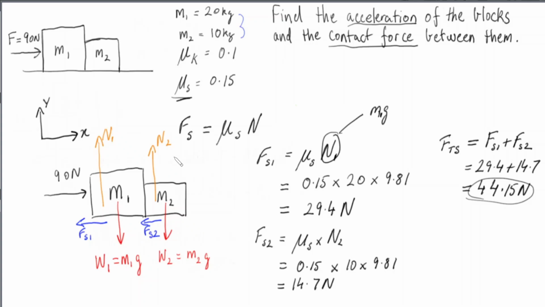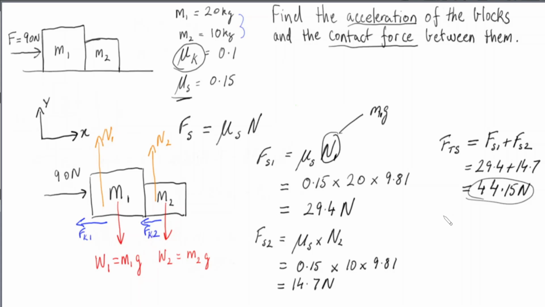And we can go ahead and use the coefficient of kinetic friction when we go about calculating the acceleration. So I'll take out Fs1 and change that to Fk1, and I'll take Fs2 and change it to Fk2, because we know that kinetic friction is going to be used now and not static friction.